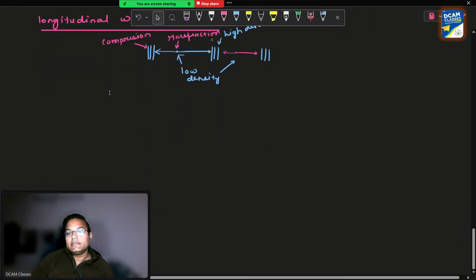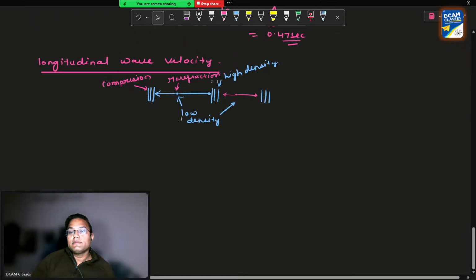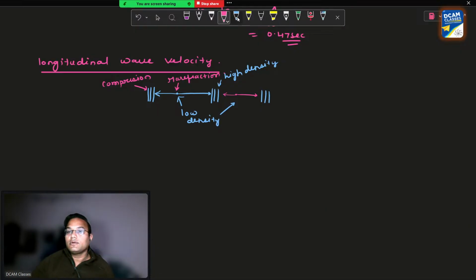This is only the basic thing, basic of the longitudinal wave velocity. Since SHM of the particle is there, the equation will also be of this type only. Vy is equal to a sine kx minus omega t, like that.